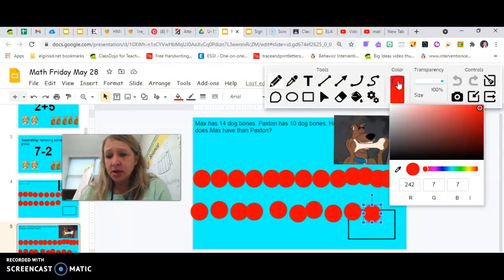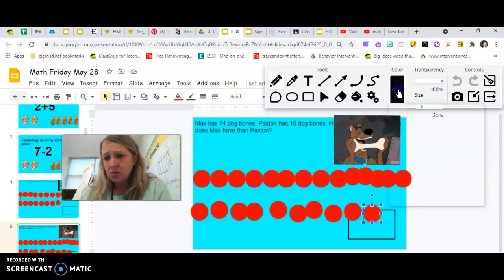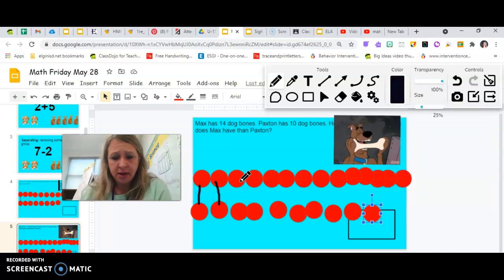The partners are here, here. These two are partners, partners, partners. See why it's easier if you line them up better? And partners and partners.